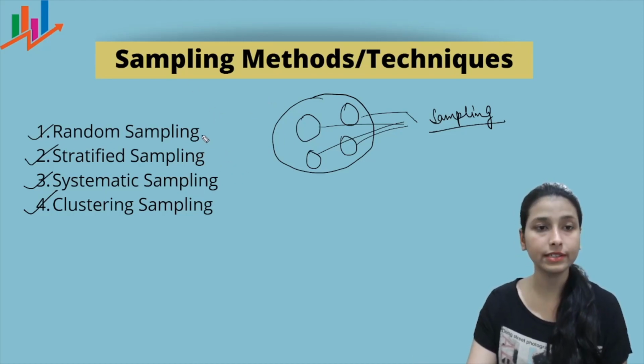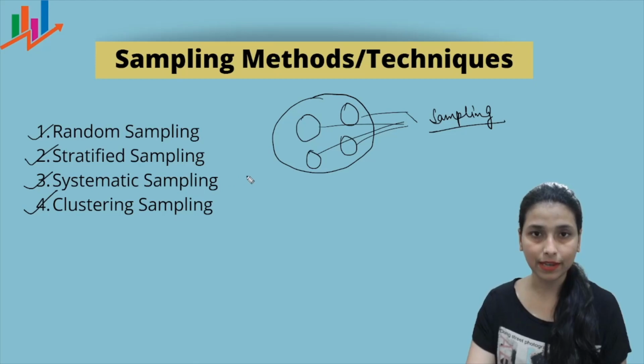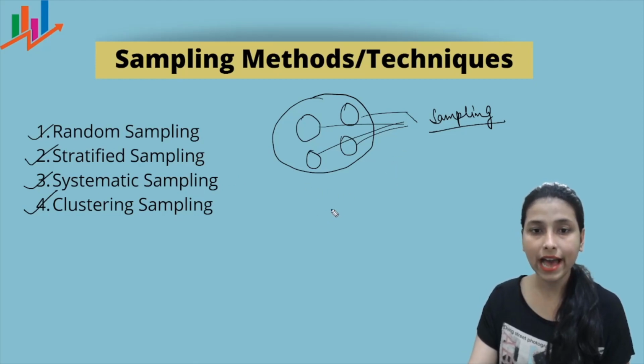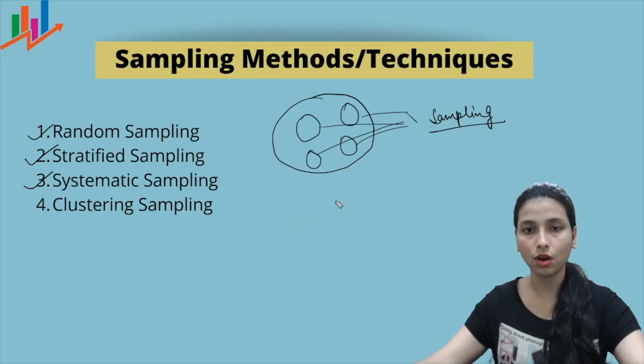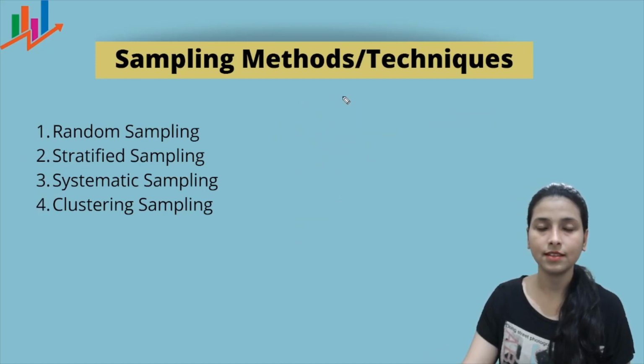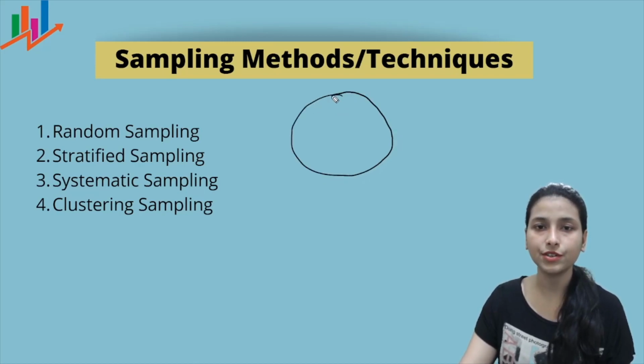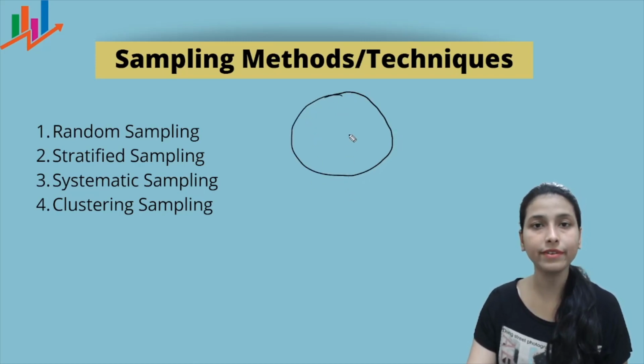Let us first understand random sampling. So suppose I have population data again. Let me draw it once more. This is my population data and I have to perform random sampling on top of this population.